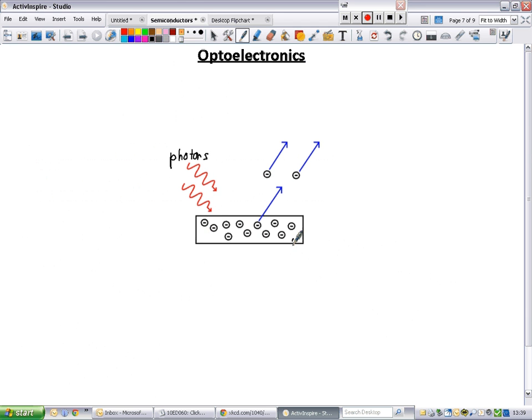Every material has a work function, which we can call W k, and that work function is the minimum amount of energy that's needed in order to liberate these electrons from the inside of this material to the surface. So if the photons have energy E and you put in just the right amount of energy that matches up with this work function, you will get this electron being liberated to the surface and nothing else.